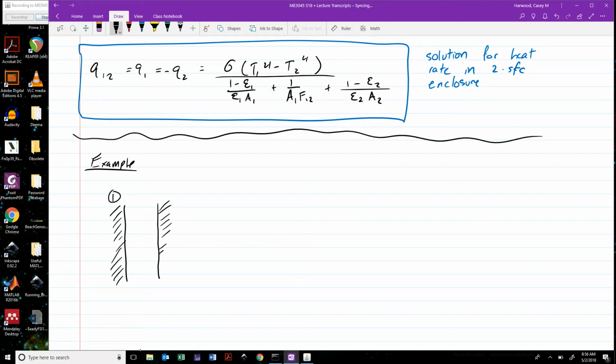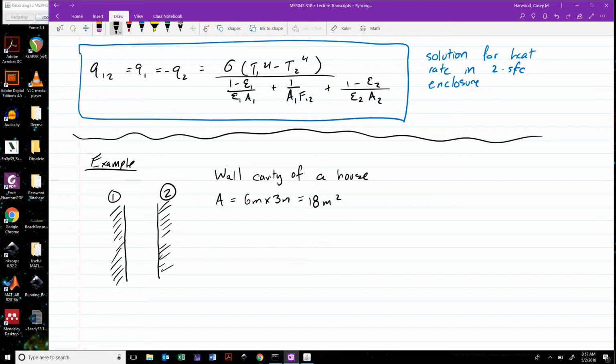Let's assume we have two flat parallel surfaces that describe the wall cavity of a house with an area of 6 meters by 3 meters, 18 square meters. So this might be the wall of your living room.